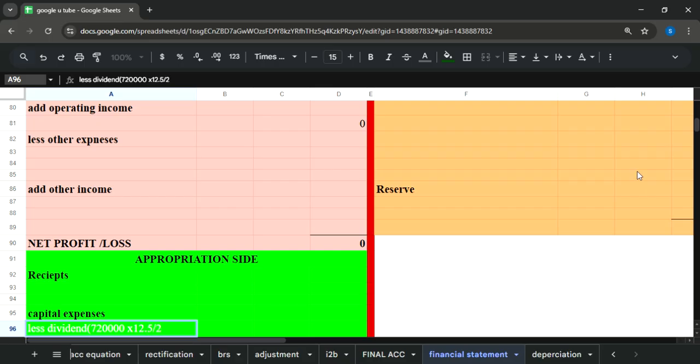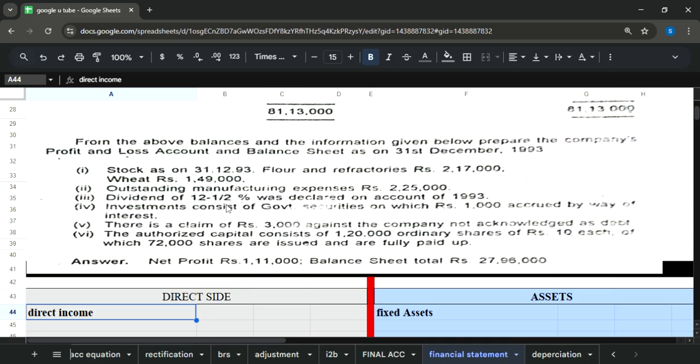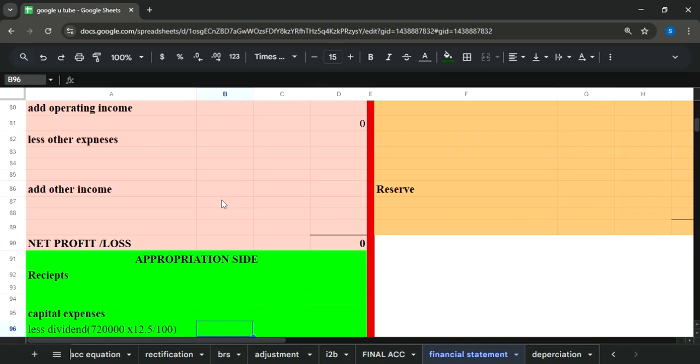For percentage, we will divide it by 100. Once again, what we have done: 12 into 1 over 2, 2 is multiplied with 12, that is 24 plus 1, 25, divided by 2, 12.5. Same we have done over here. 720,000 was the amount of capital, and you have taken 12.5% of capital to declare the dividend.